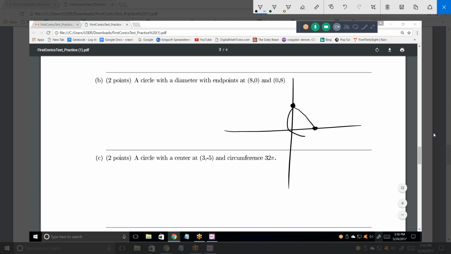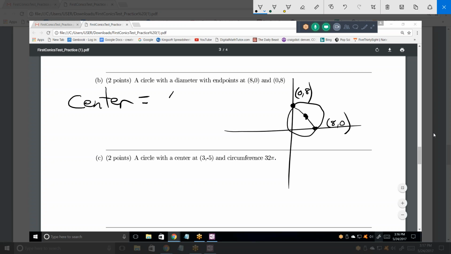Is the distance in units between those two dots 8? No, actually not. That's (0, 8). That's (8, 0). So you're close. What they want is the center and the radius. So you just have to take the center between 2 points. It would be the center of the circle.